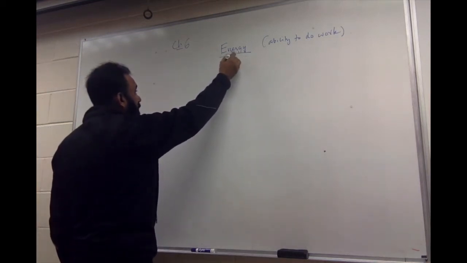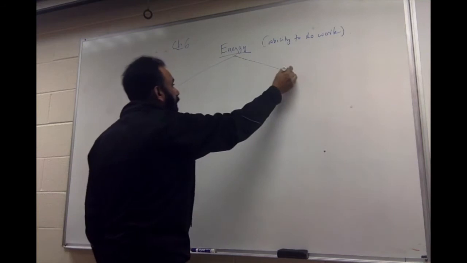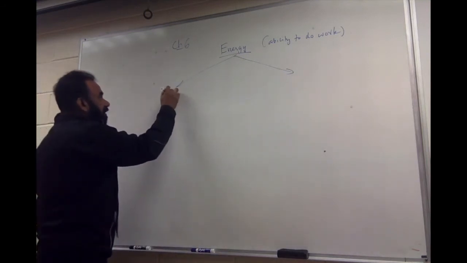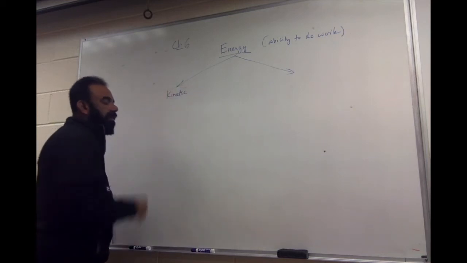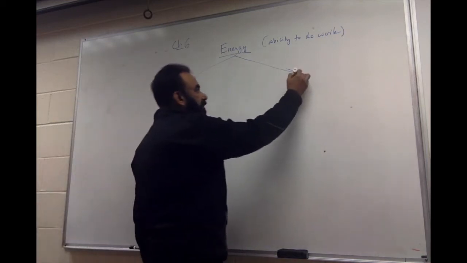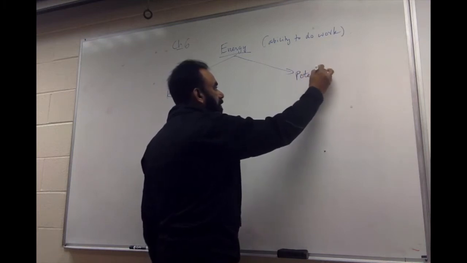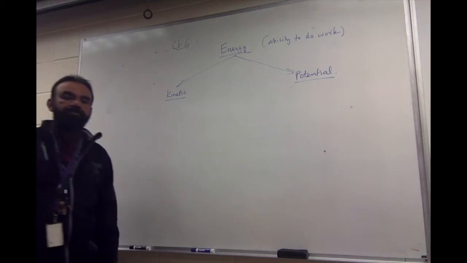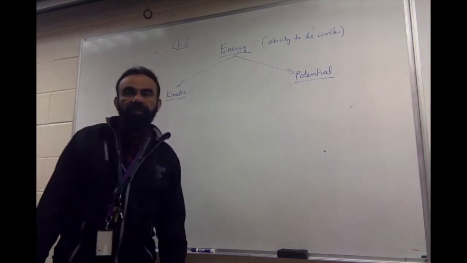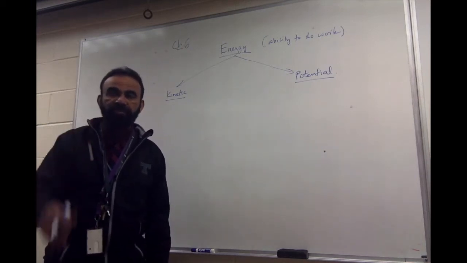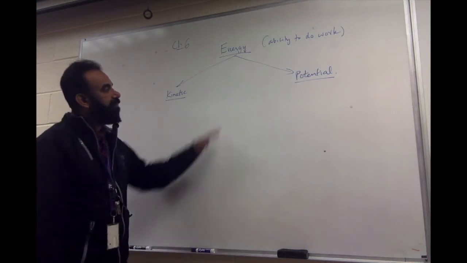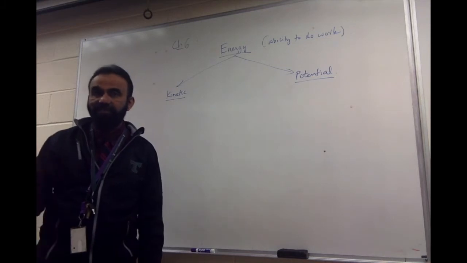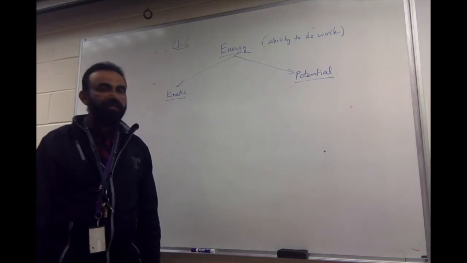Energy is kind of classified in different forms. Mainly, main forms of energy are kinetic and then potential. Kinetic energy and potential, these are the main 2 forms of energy. Sometimes we combine them and say mechanical energy. In fact, everything is connected.